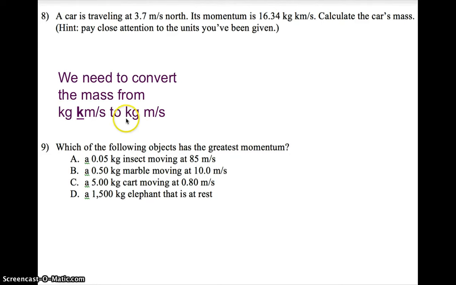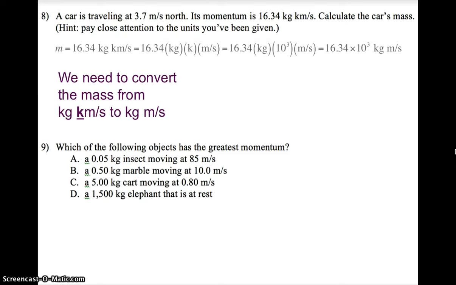The first thing we have to do is convert the momentum, not the mass, from kilograms kilometers per second to kilograms meters per second. There's an extra kilo there. We have to get rid of it. Now here's one way to do that. You think about kilograms, you think about kilo, meters per second.